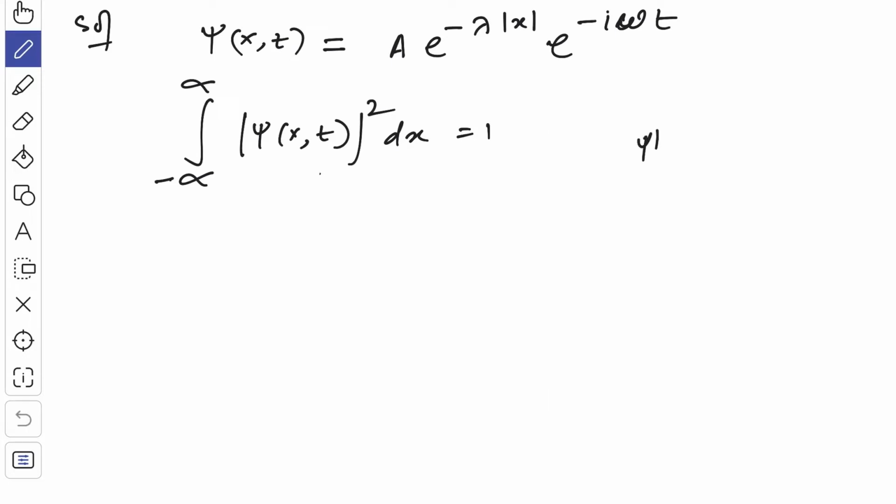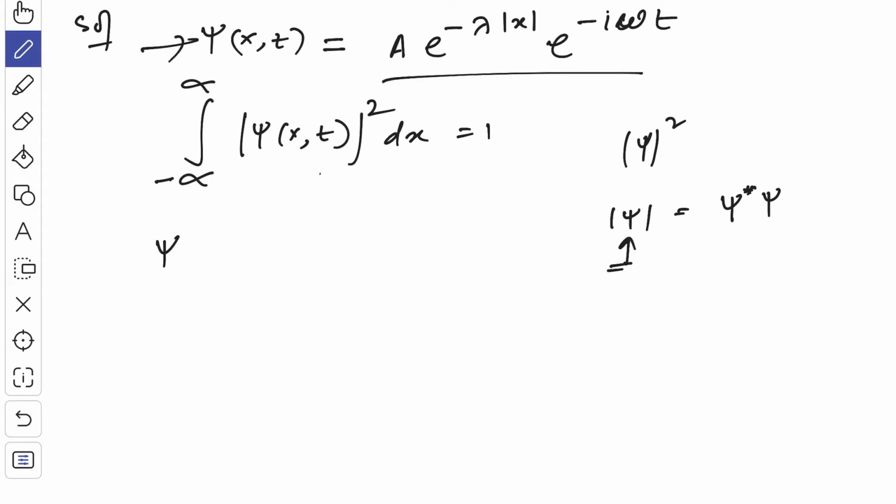This is the normalization condition. Now mod of psi square, what does it mean? We know psi is a complex quantity, so mod psi square must be equal to psi star, that means complex conjugate of psi, into psi. If psi is this, then what will be psi star?